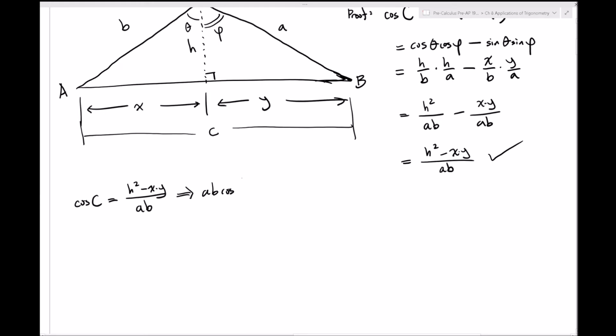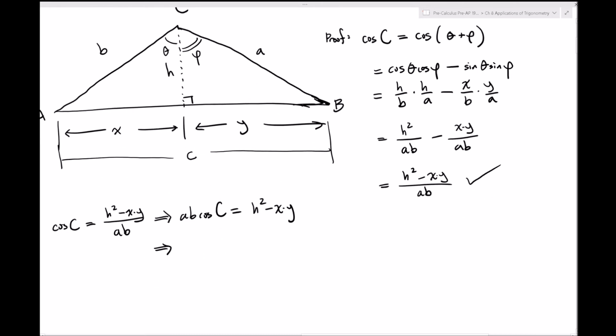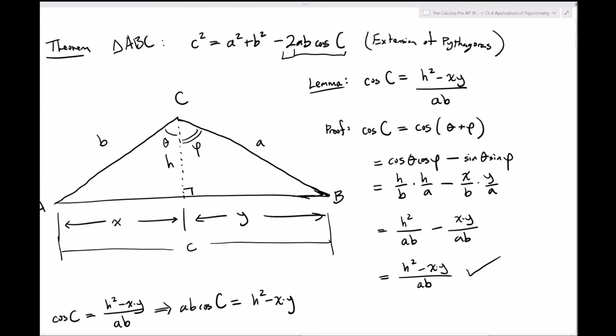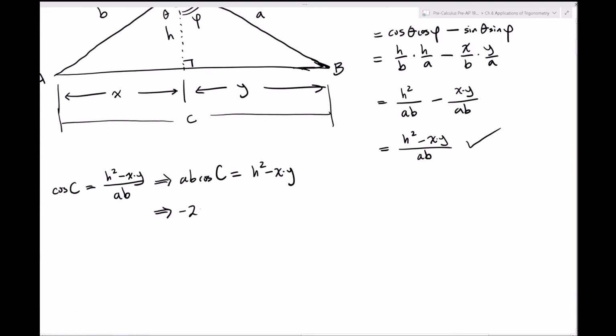So ab cosine c is equal to h squared minus xy. I'm going to multiply both of those by 2, not just because I feel like it, but because the formula up over here has a 2 in front of it. And maybe I should multiply by a negative 2, because that has a minus 2ab cosine c. So then negative 2ab cosine c is equal to, and you could switch it, positive 2xy minus 2h squared.